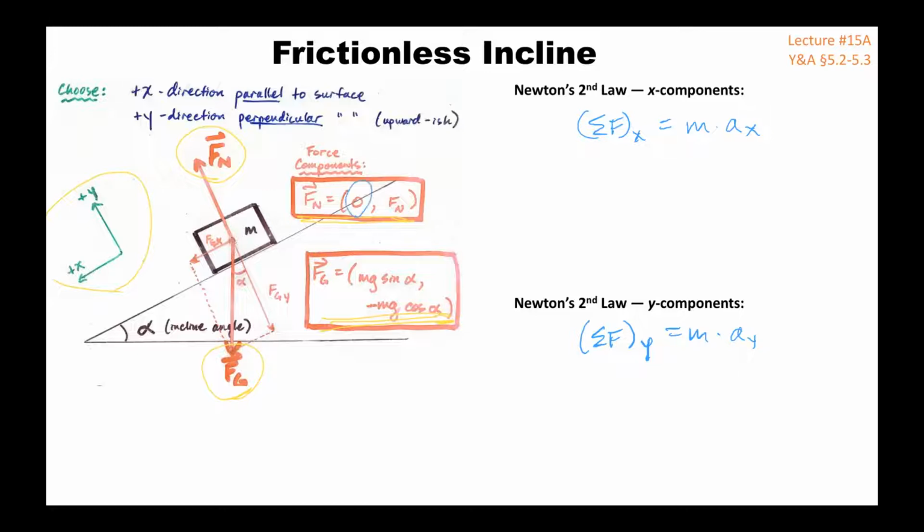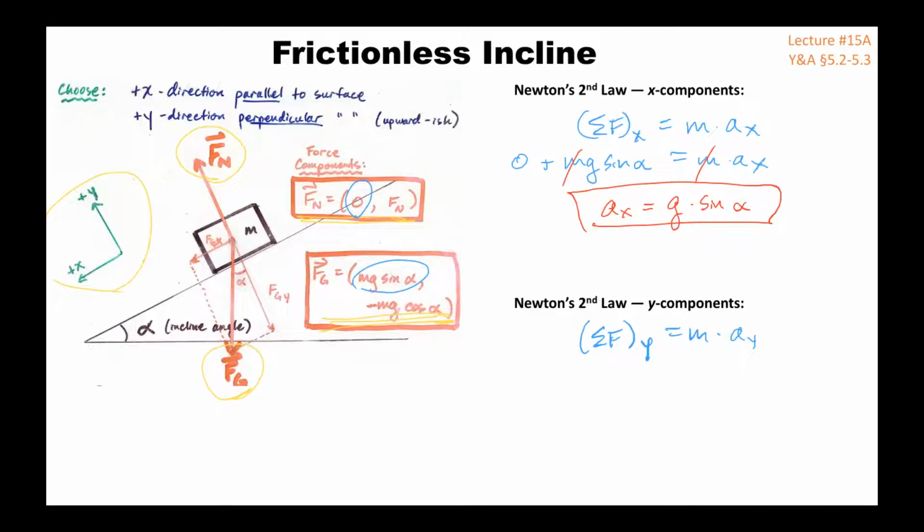So if I take the x components of the two forces, that's 0 plus mg sine alpha. So that's the x component of the normal force plus the x component of the weight. And the right-hand side stays the same. Wow, all right, well, it looks like first, the mass is going to cancel. And second, I'm going to learn that the acceleration x component is equal to g times sine alpha, right?